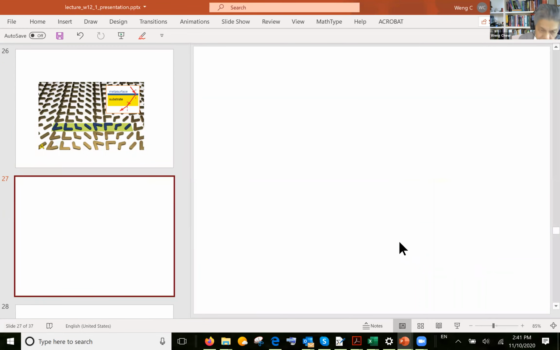The phase now depends on which part of the surface the ray goes through: Ki dot Ri plus Kt dot Rt, times the phase function.